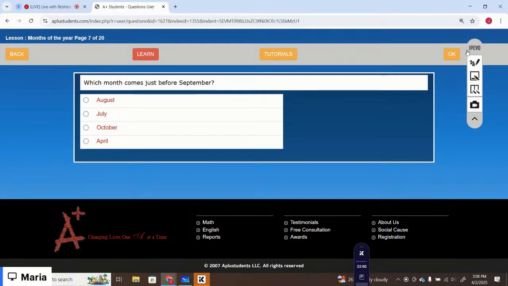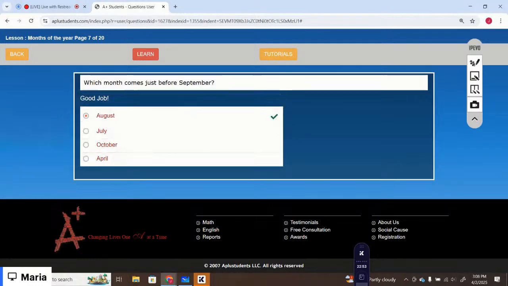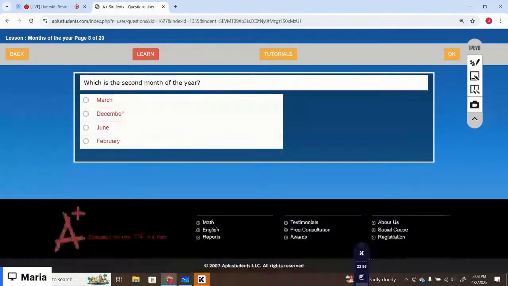Just before September, it is August. Option number one is the correct option. Which is the second month of the year? The second month of the year is February. And the correct option is February.